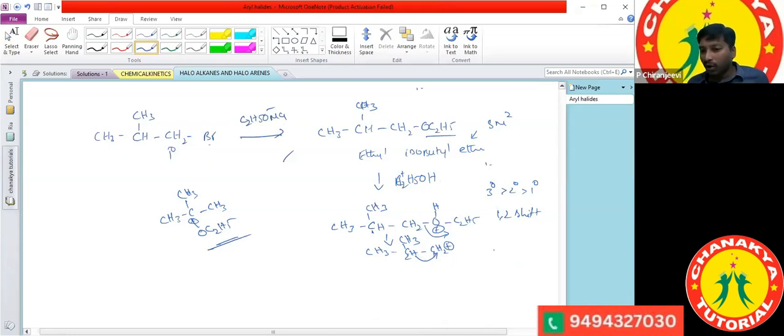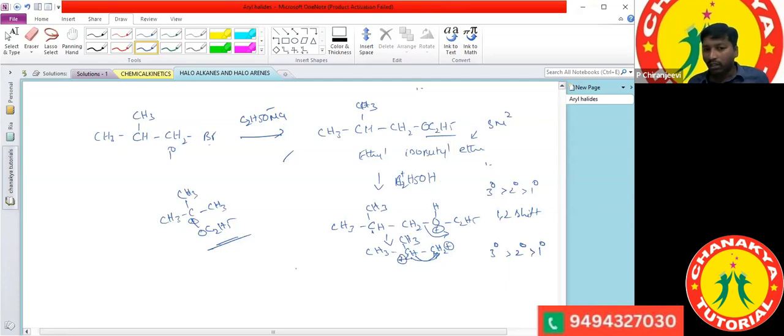According to the stability order, tertiary carbocation is more stable than secondary, and secondary is more stable than primary. So we can convert the primary carbocation into tertiary or secondary also. How? By the 1-2 shift. 1-2 shift means at the second carbon atom, hydrogen is there. If it is shifted to the first carbon atom, this carbon gets a positive charge.